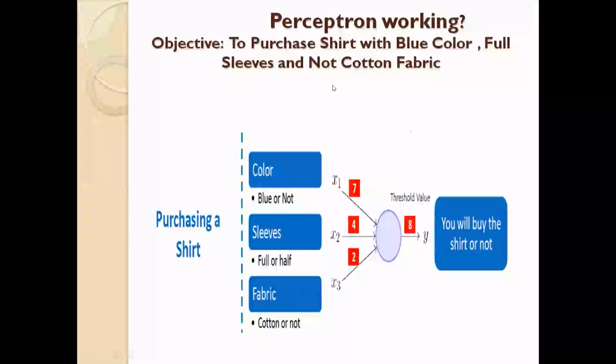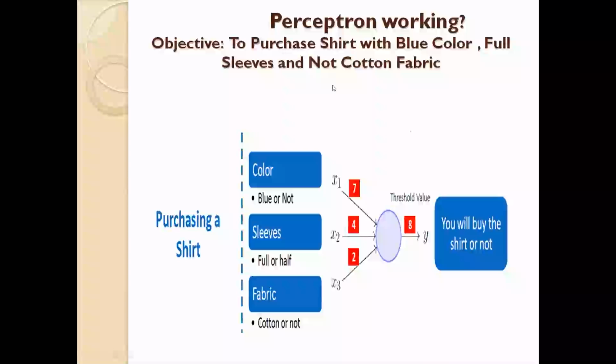Concentrate carefully on this diagram; it is very easy to understand. Imagine I want to solve a project where I want to purchase a shirt on the basis of some conditions. You can purchase the shirt only when the shirt is blue in color, has full sleeves, and is not a cotton fabric.